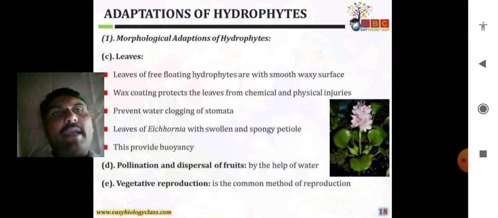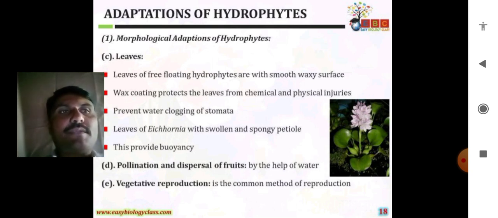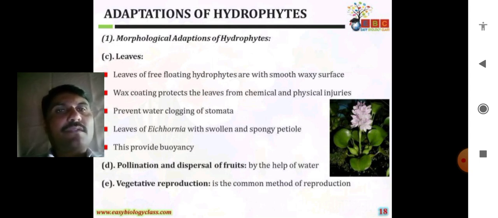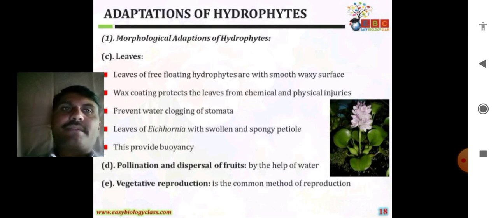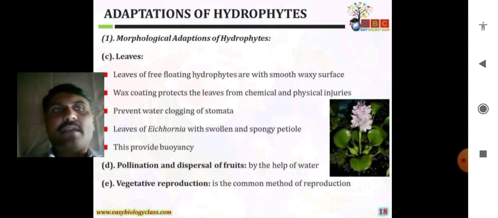In this diagram, you see the Eichhornia plant. Eichhornia photographs are being shown. Flowering is there. Eichhornia is also one of the hydrophyte plants which grows completely in water. Leaves are free floating, and the leaves show a waxy surface.